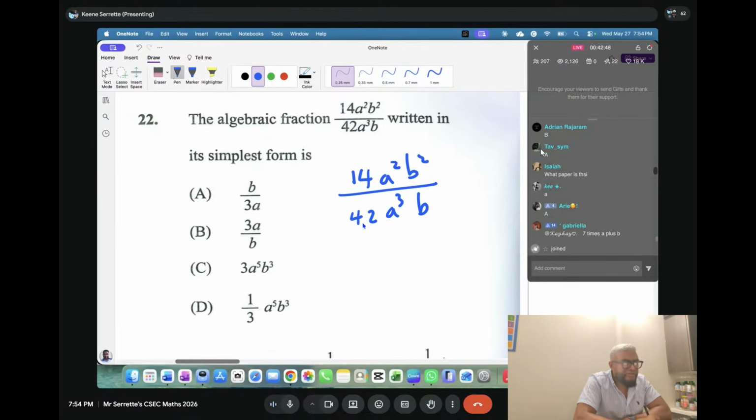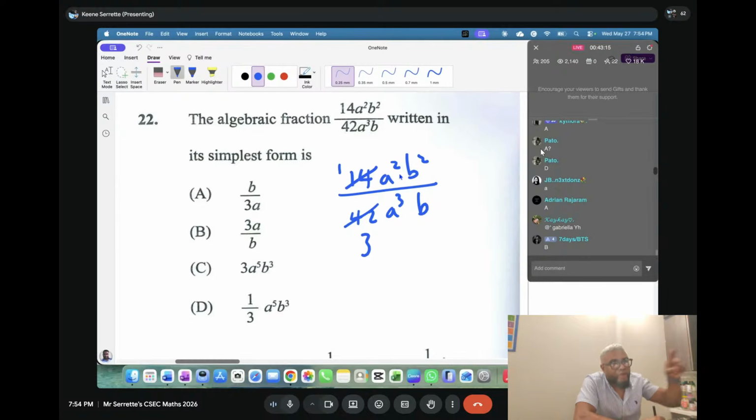Could 14 go into 42? 3 times, right? 14 and 14 is 28, and 14 more will be 42, right?